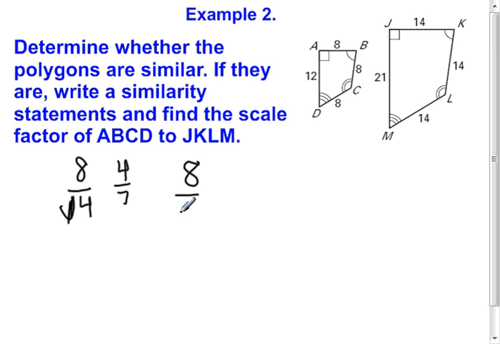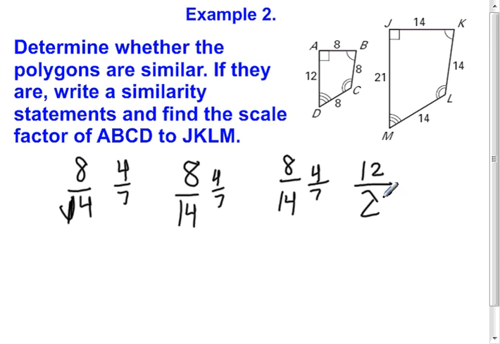BC over KL, well, that's going to be the same thing, 4 over 7. 8 over 14, wow, the same thing, amazing, isn't it? And then the last one, 12 over 21. I can divide those both by 3, and I should get 4 over 7. Alright, so they are all proportional. So then that means that they are similar.